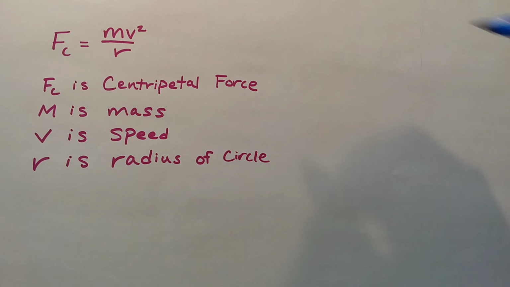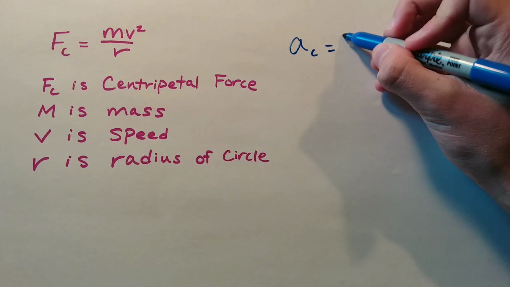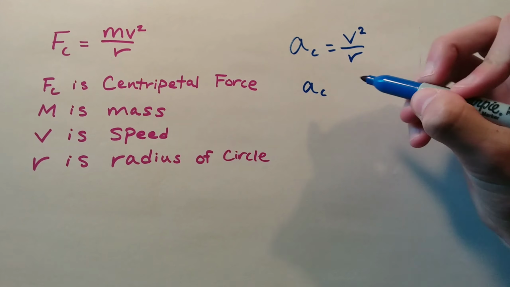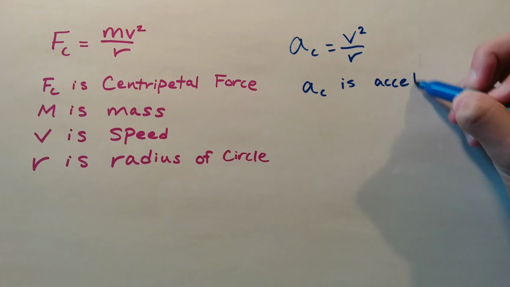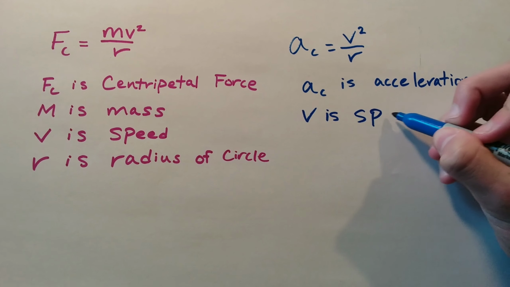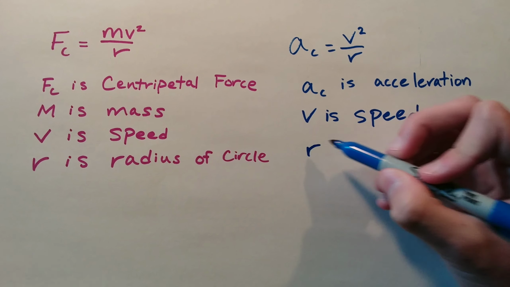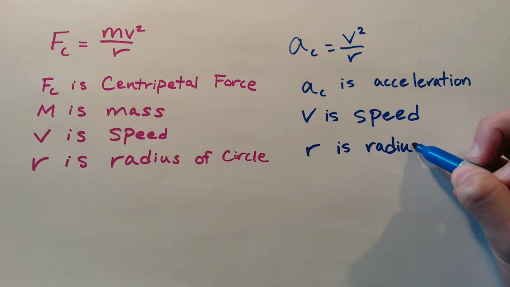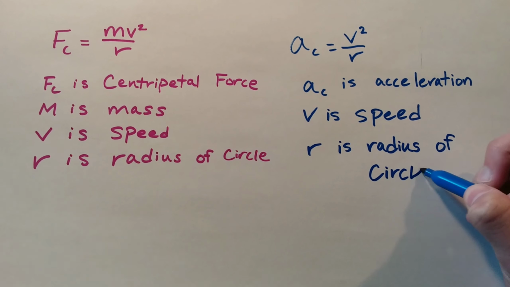Taking this equation, we can also find the acceleration that the object has using this equation. A sub c equals v squared over r, where a sub c is the acceleration of the object, and as before, v is the speed of the object, and r is the radius of the circle that the object is traveling in.